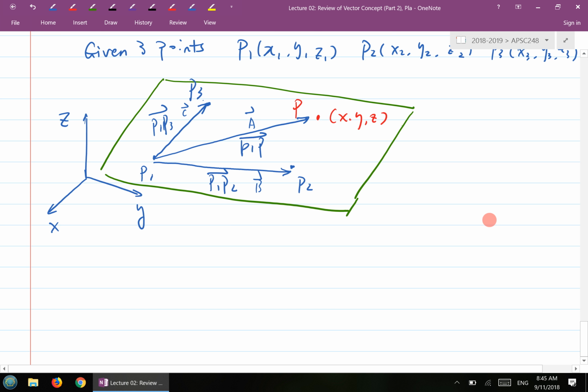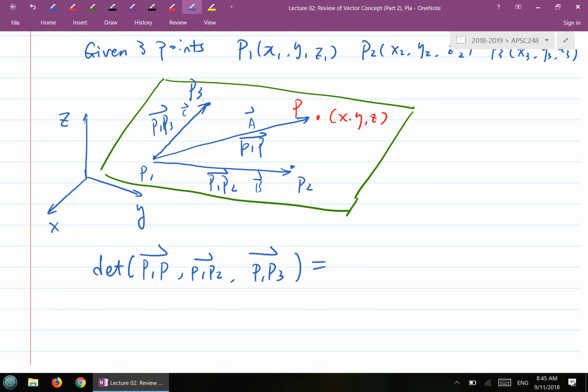So then, if I visualize a parallelepiped formed by the 3 vectors, the volume is going to be 0. Which means the determinant formed by P1P, that's my A vector, and P1P2, that's the B vector, and then P1P3, that's the C vector, is basically the volume of the parallelepiped that we have just calculated.